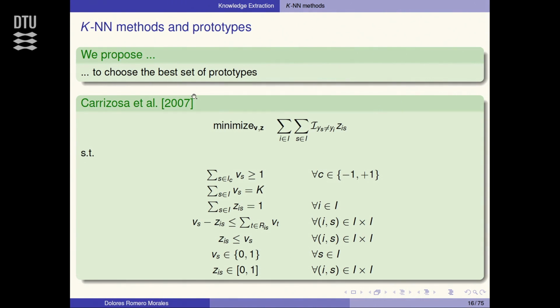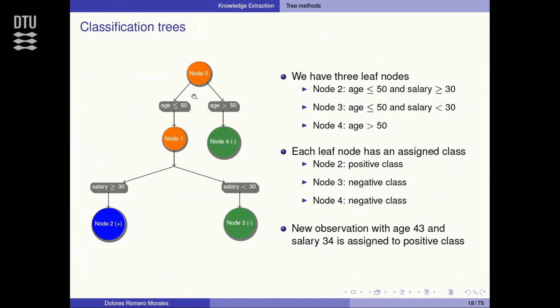That's an error, and then I sum up across the whole training set. I have to choose K prototypes, and every time that I make a classification, I have to find my closest prototype. So I do it with this type of constraints. It is nice because I only have 0-1 variables in the training set. Even these assignment variables, I can show that I can relax them, which is a great thing. So we did this some time ago.